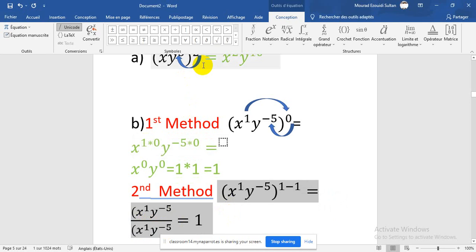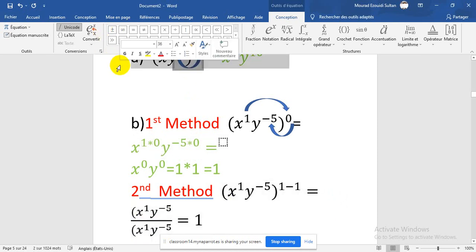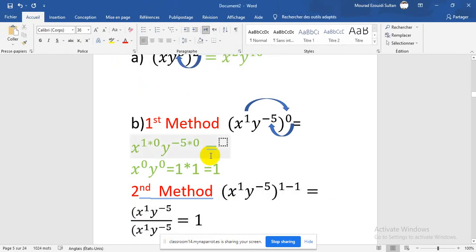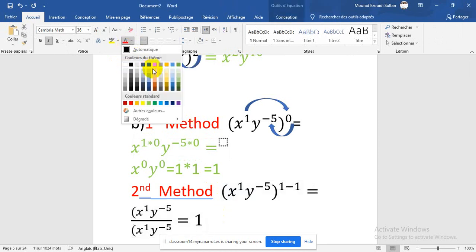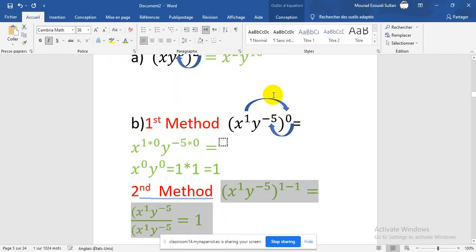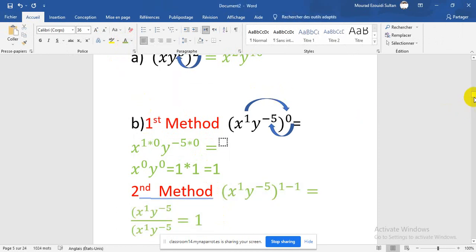I will change the color to the green one. I wish that it was clear for you, my learners.